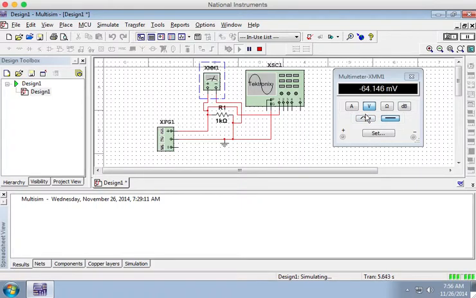And if you actually look at the voltage on this, you'll see that the actual voltage is going up and down. So if you have an oscillating voltage, you want to select this signal here. So this allows us to get, how can I say, the root mean squared voltage.